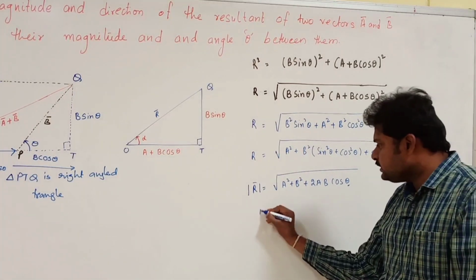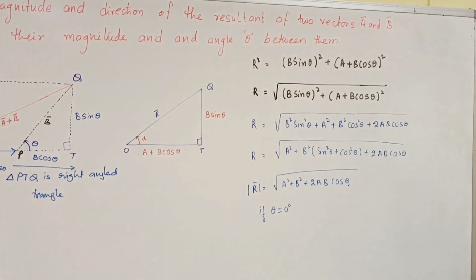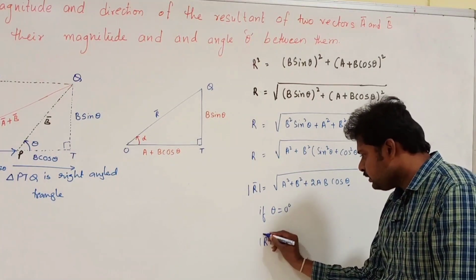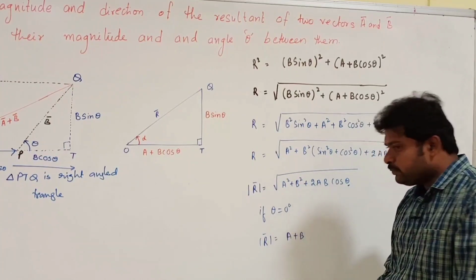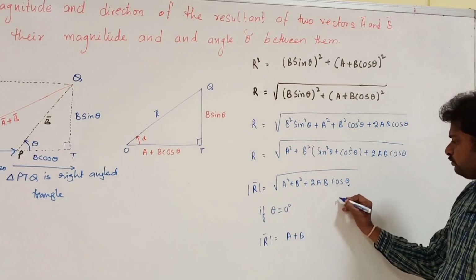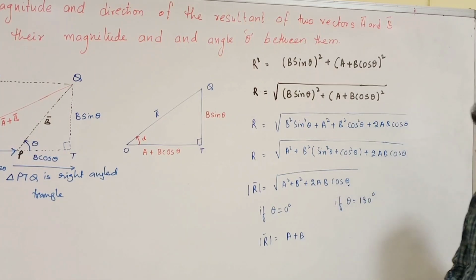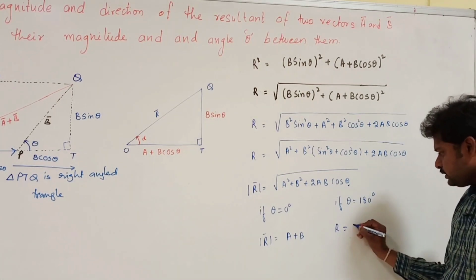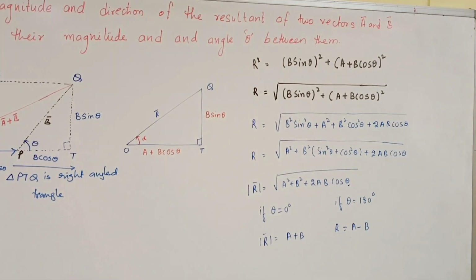Now, if theta is equal to 0, meaning A and B are parallel, what happens? Mod of R is simply A plus B, meaning magnitude of A plus magnitude of B. If theta is equal to 180 degrees, you will get mod of R equal to A minus B. These are magnitudes.